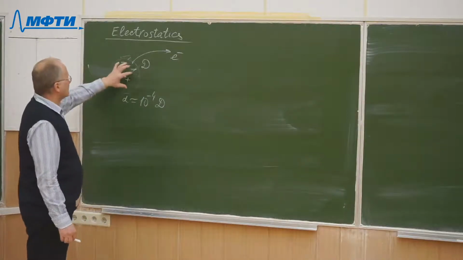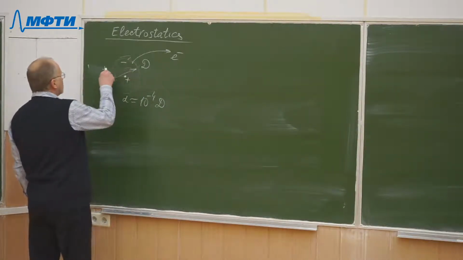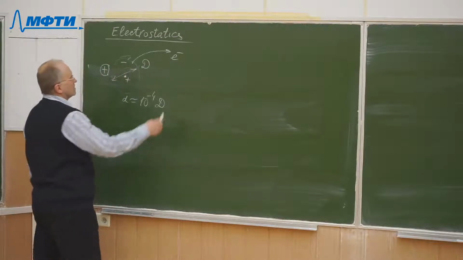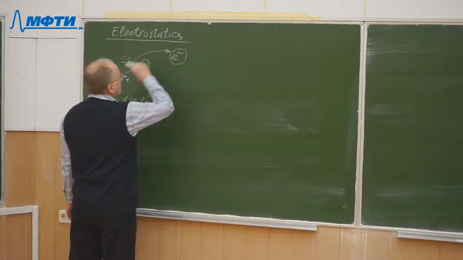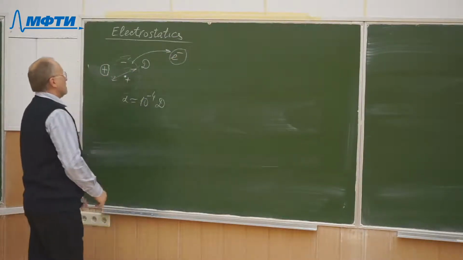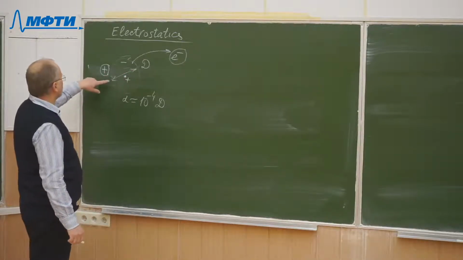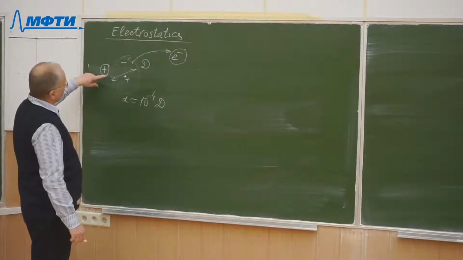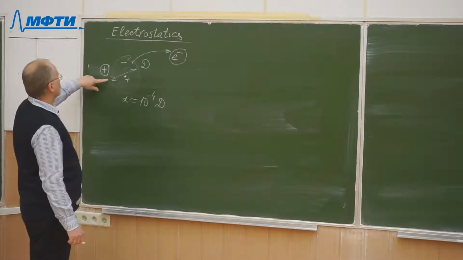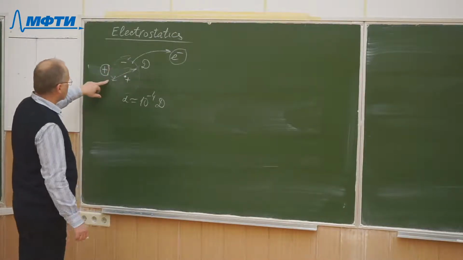In this case, the atom will bear an unbalanced positive charge, and the negatively charged electron will go away. Such an atom, which is positively charged and missing one or two electrons or more, is called an ion.